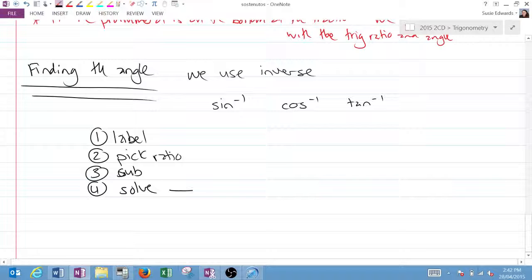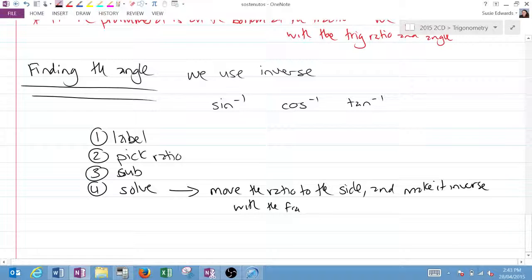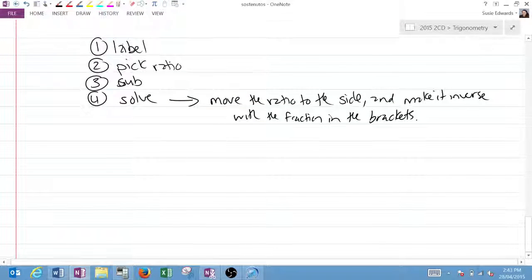But in our solving, we move the ratio to the other side and make it inverse with the fraction in the brackets. I'll explain what that means in a second. So we still do all the same things. Finding the angle doesn't mean we change anything except our little solving bit.